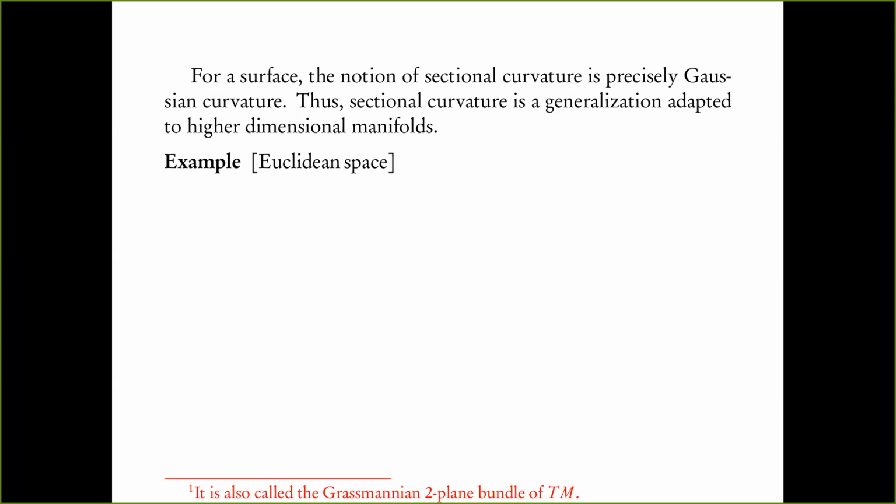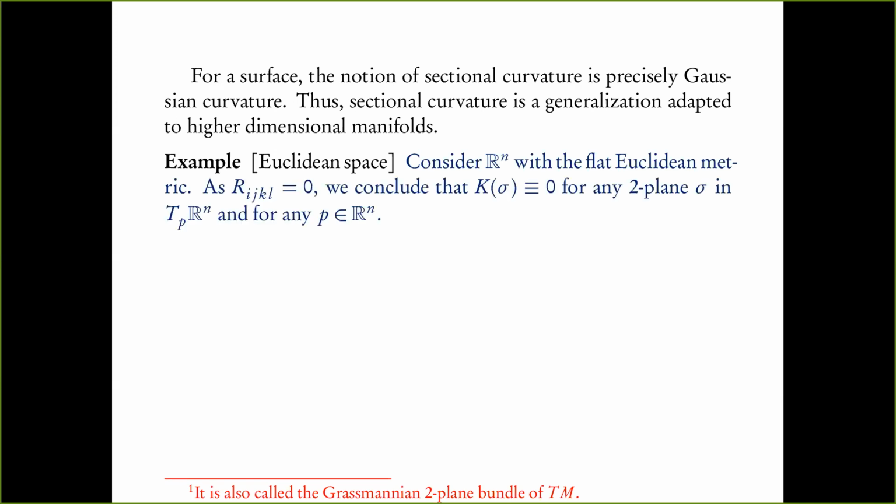Okay, so Euclidean space is our first example, for obvious reasons: we consider Rn with the flat Euclidean metric. I'm saying flat now because we have introduced what flat means, and we showed last time that Rn with the Euclidean metric is flat. Flat again means that Rijkl is 0, and here you can choose the xi's to be the global coordinates.